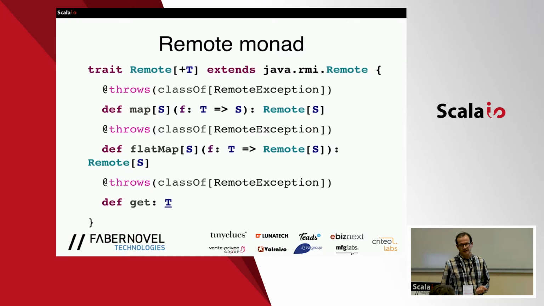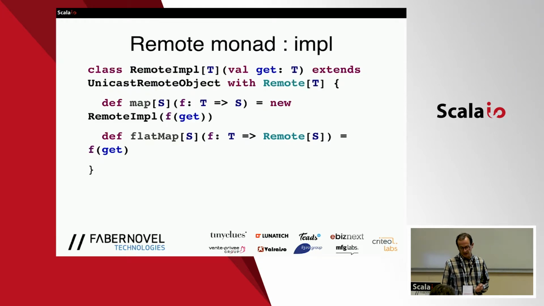This new remote interface also has an implementation. The map method just takes the content of the monad out, applies the function f to it, and re-encapsulates it in a new monad.